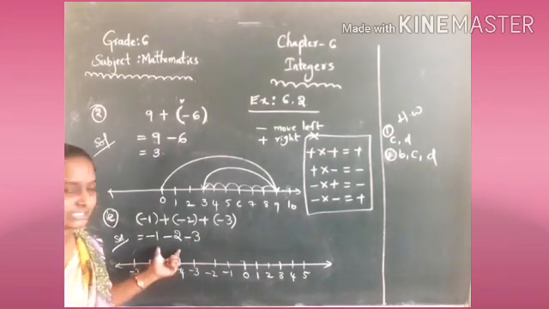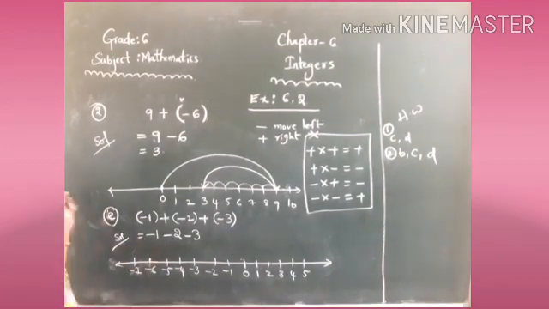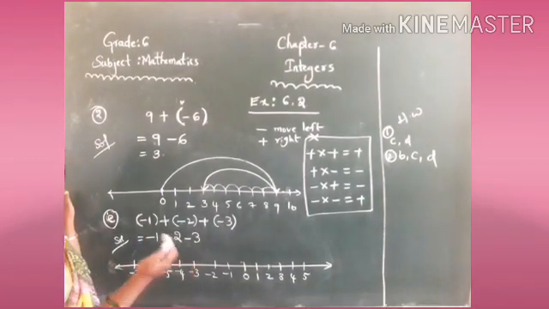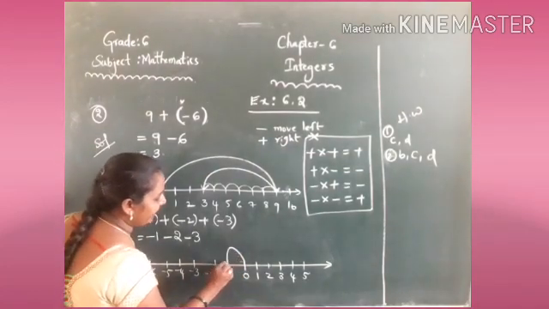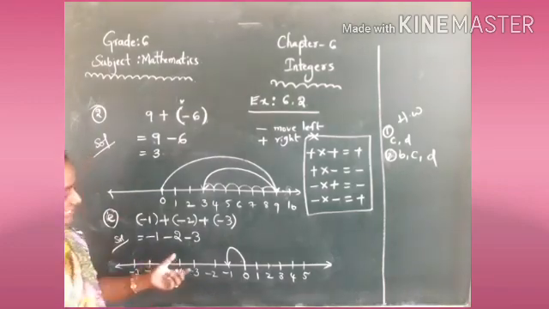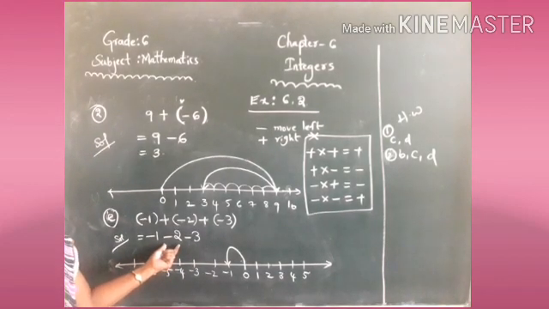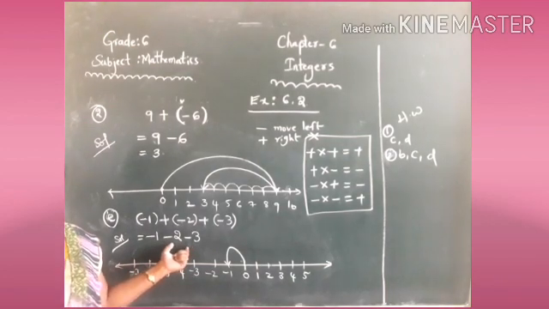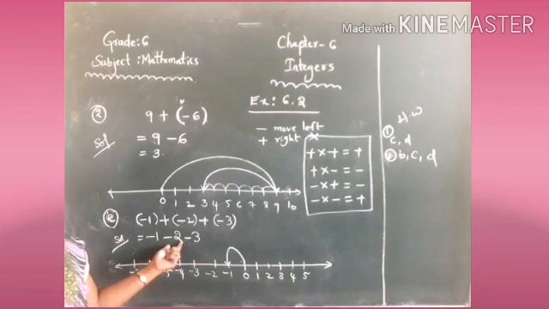Right. So the first thing is you have to move from minus 1. Minus means you have to move to the left side, from 0 to minus 1, one step. And again minus is there, so you have to move in which direction? Yes, left direction, 2 steps.